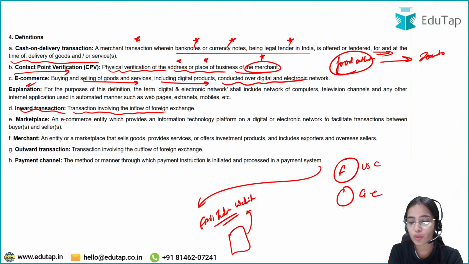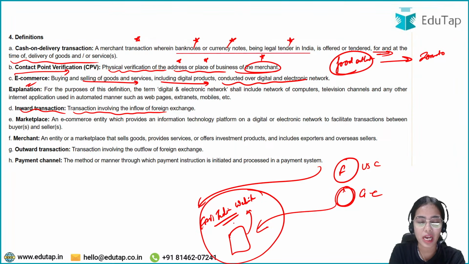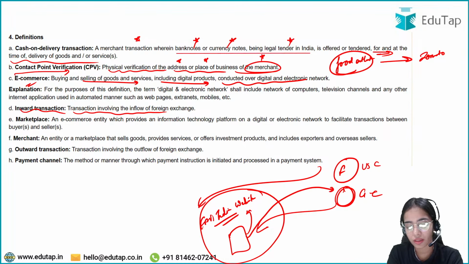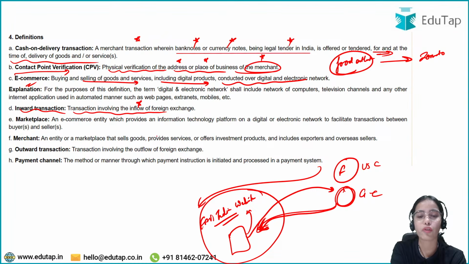The German citizen places the order on the Fab India website, so the product will be transferred from India to Germany, and the German citizen will be paying on the Fab India website. So this is an inward transaction, where foreign exchange is inflowing, a transaction involving the inflow of foreign exchange.